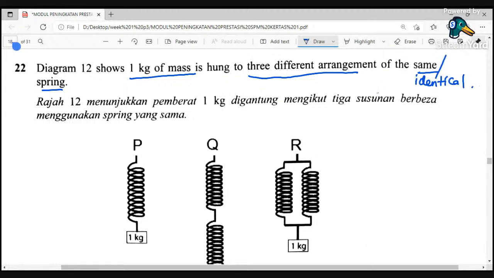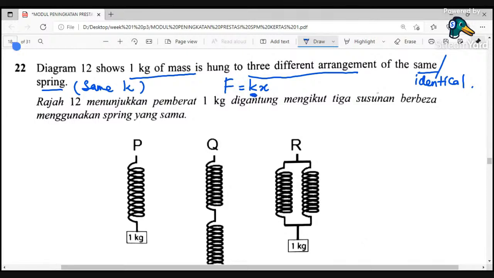Identical spring means the same force constant, ataupun the same value of k. This is related to Hooke's law, F equals kx, so the value of k here is the same.